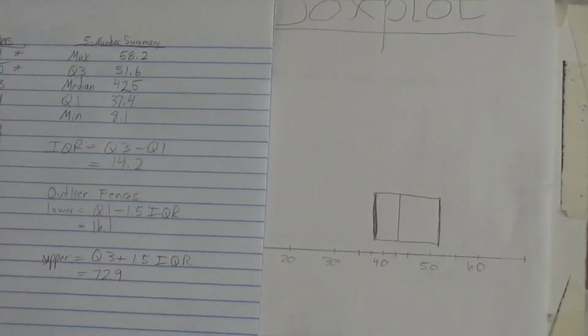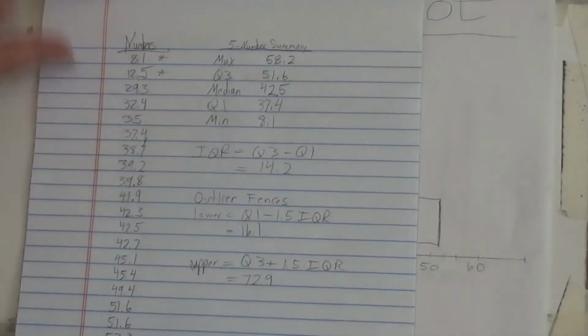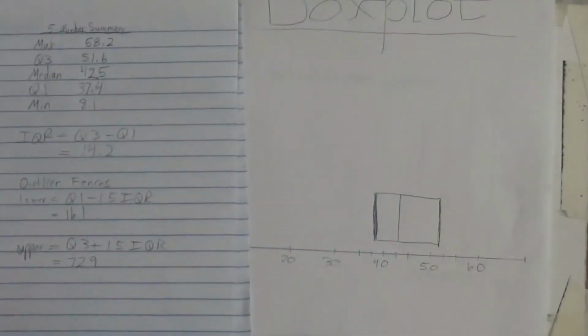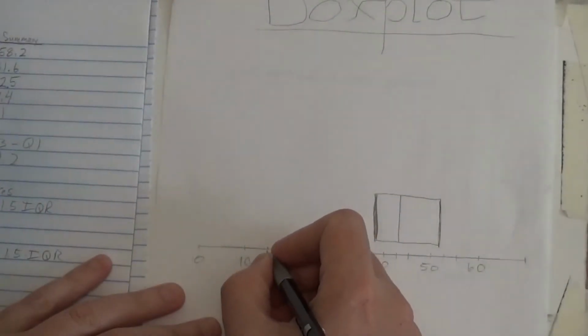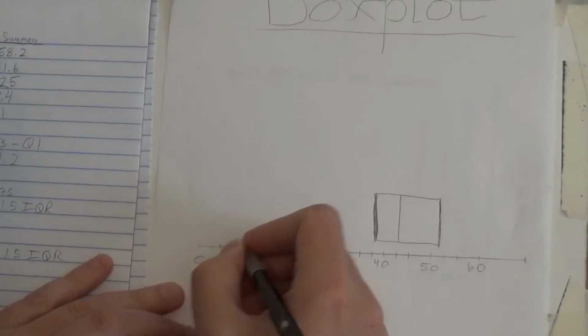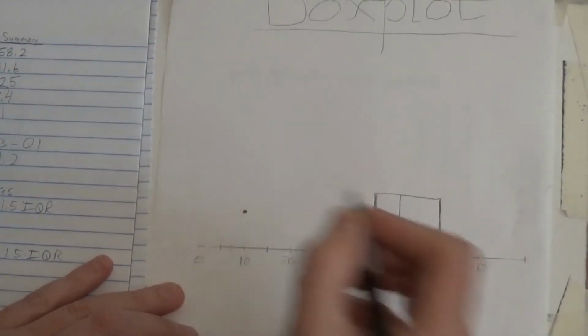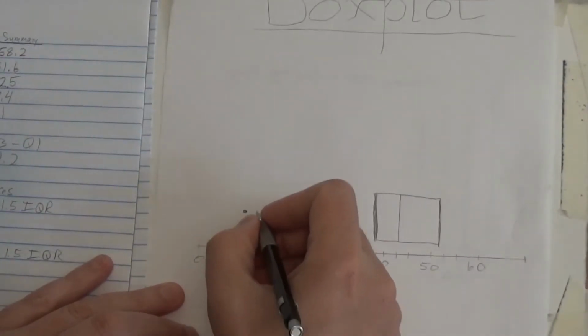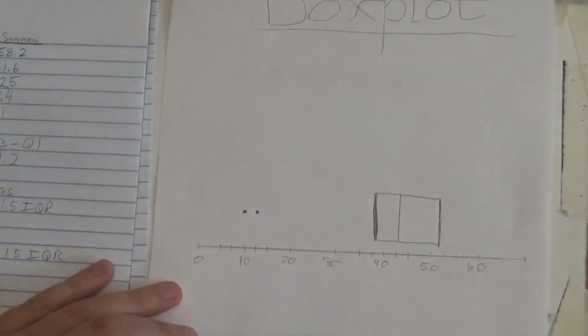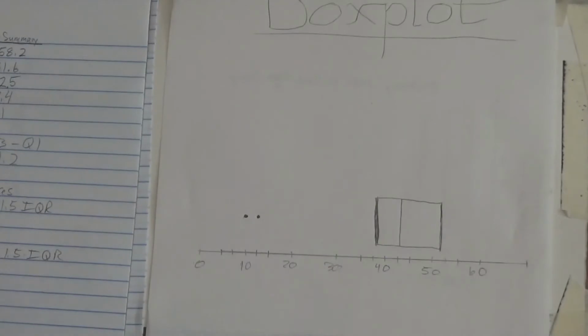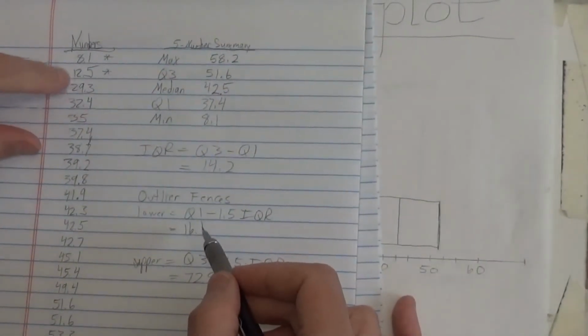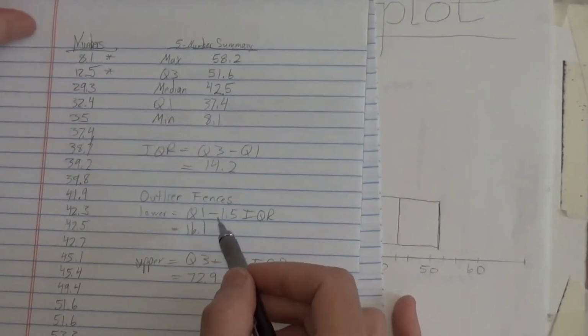Now we mark the outliers that we have here, 8.5 and 12.5 with stars. So 8.5 should be down this way, maybe right here, somewhere in here, and 12.5 can be right here. So we've got those two outliers. Now, the whisker does not go all the way to the fence of 16.1, it just goes to the next number of 29.3.